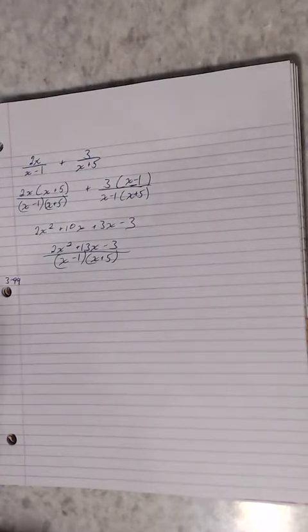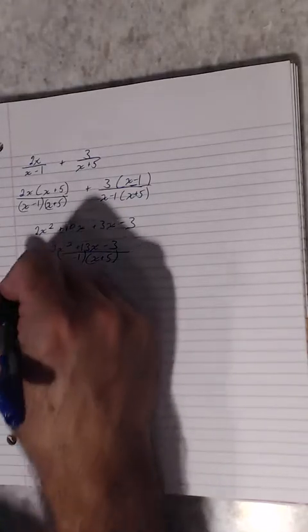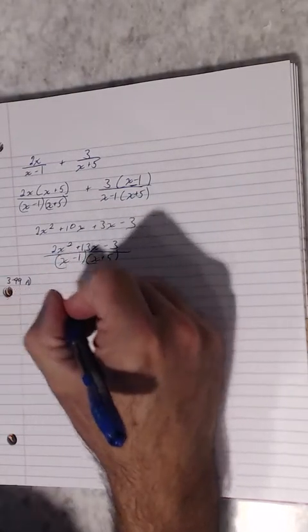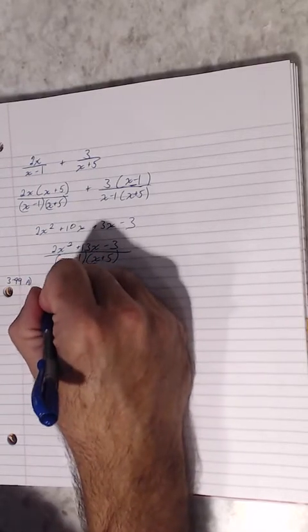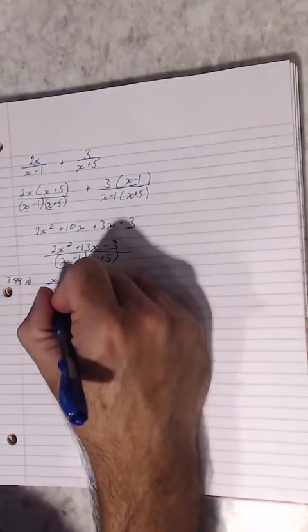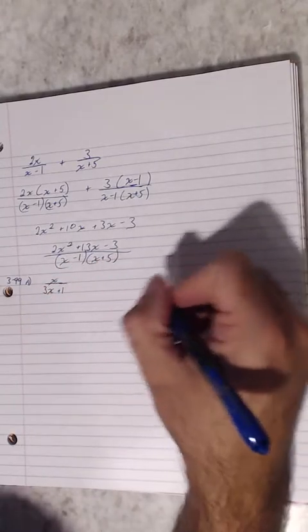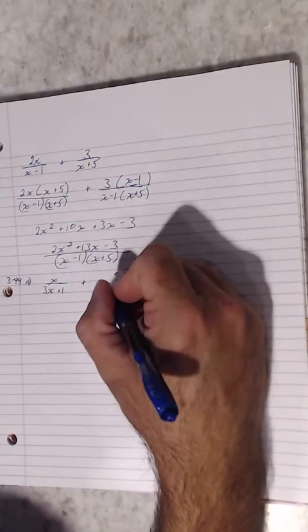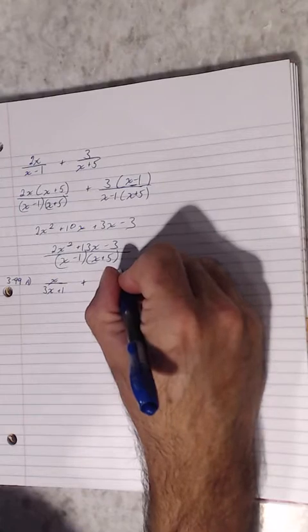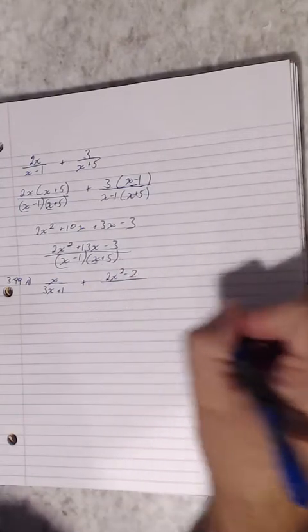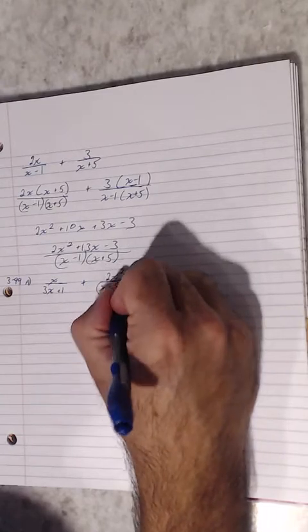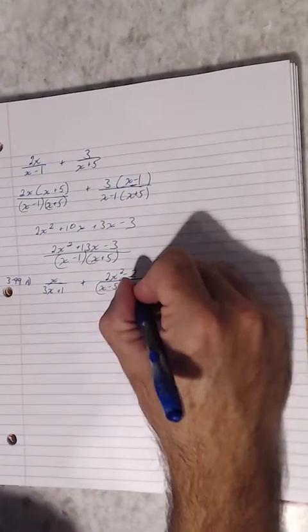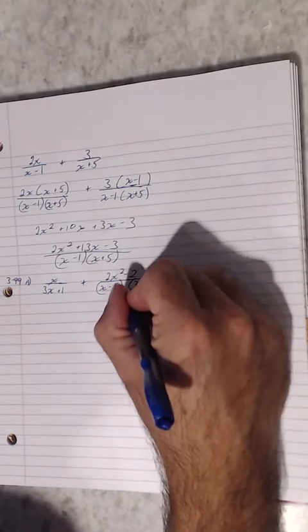Alright, so we're going to say 399a, we've got x over 3x plus 1 plus 2x squared minus 2 over x minus 5 times 3x plus 1.